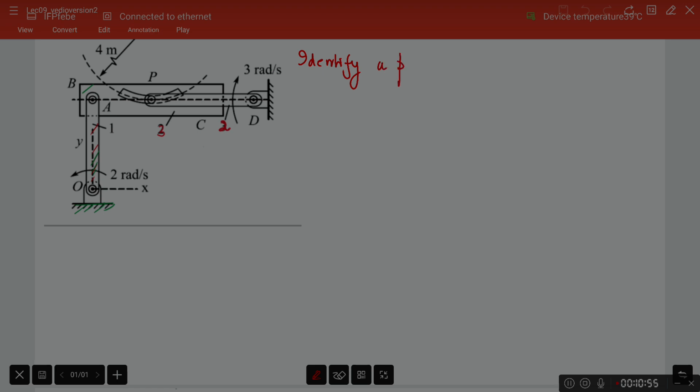a point somewhere in the middle of the assembly.